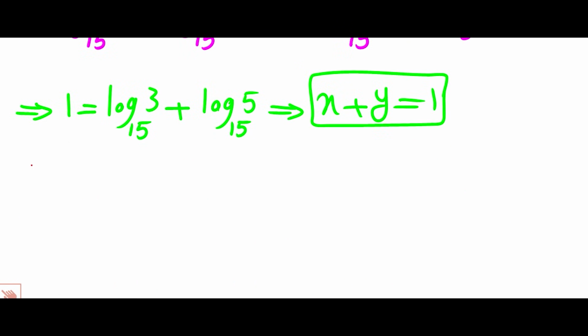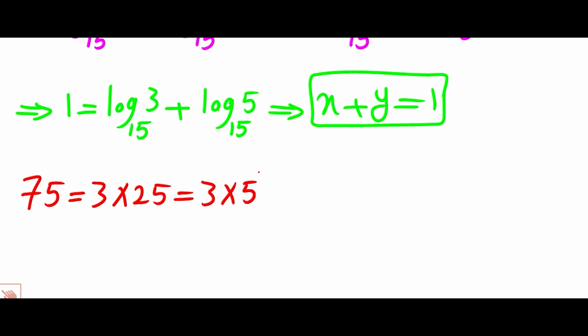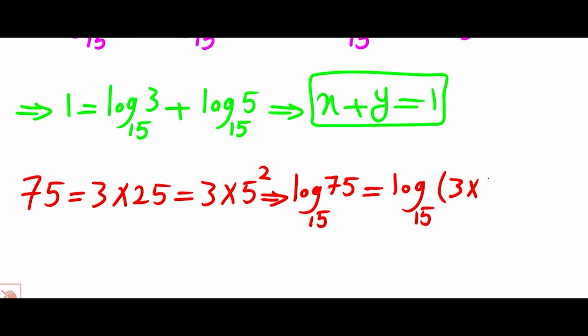As you know, 75 equals 3 times 25, right? Or 3 times 5 squared. So log base 15 of 75 equals log base 15 of 3 times 5 squared, right?